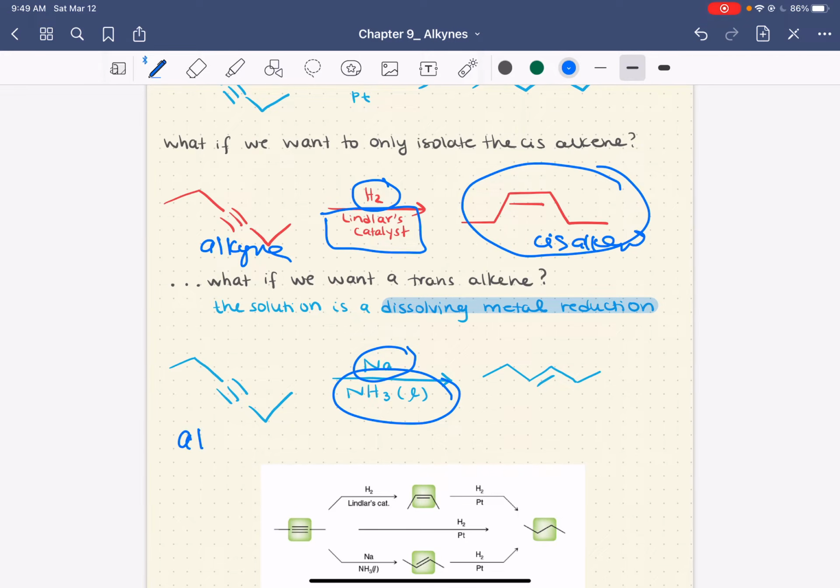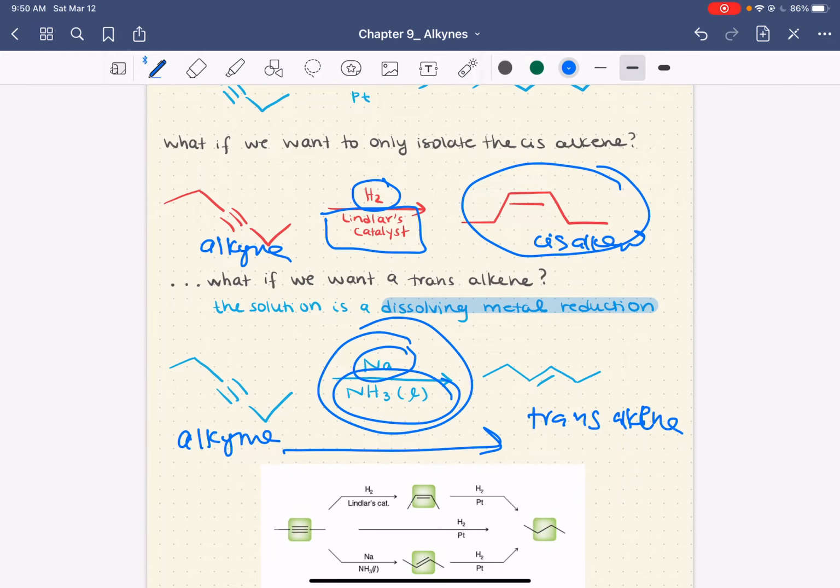So if you want to take your alkyne to a trans alkene, then what you would need to use for this reaction is sodium metal dissolved in liquid ammonia. Now this reaction is called dissolving metal reduction, and we're going to see the mechanism for this in a second.